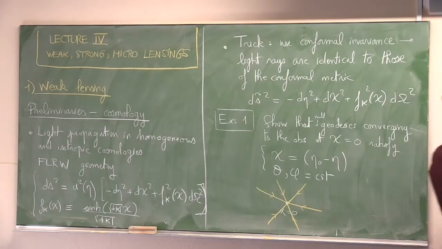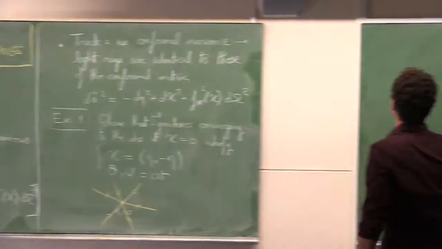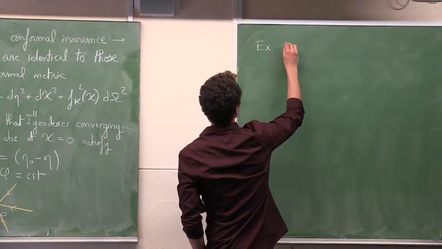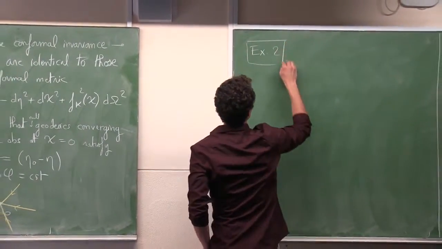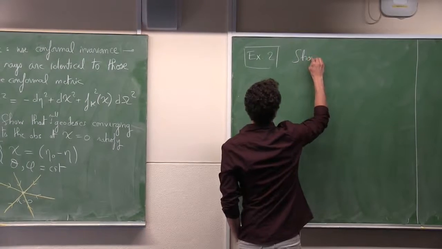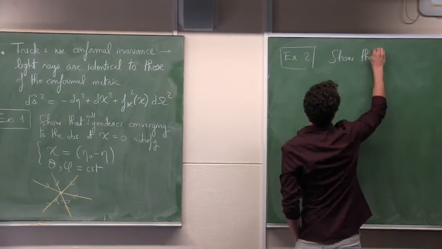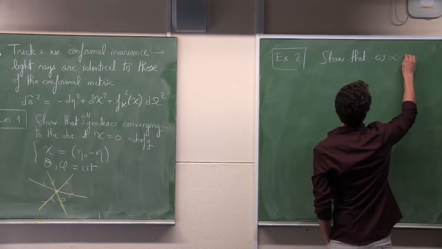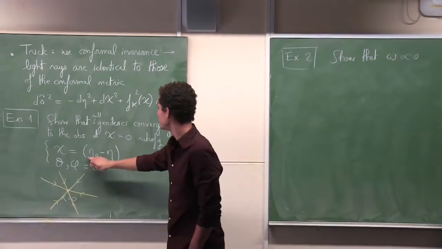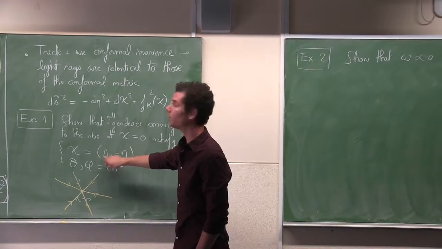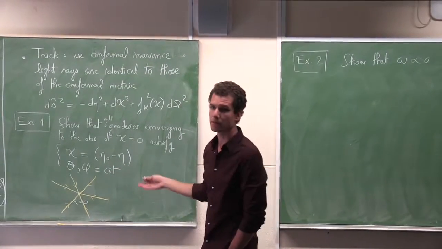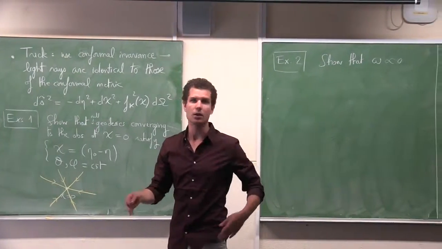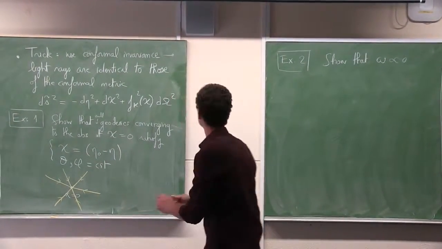We can also show that the frequency is also quite standard. So that the frequency evolves. Oh yeah, sorry, I forgot to say, eta_0 is the conformal time at observation. So that would be the conformal time today if we consider an observer that is observing photons coming today.